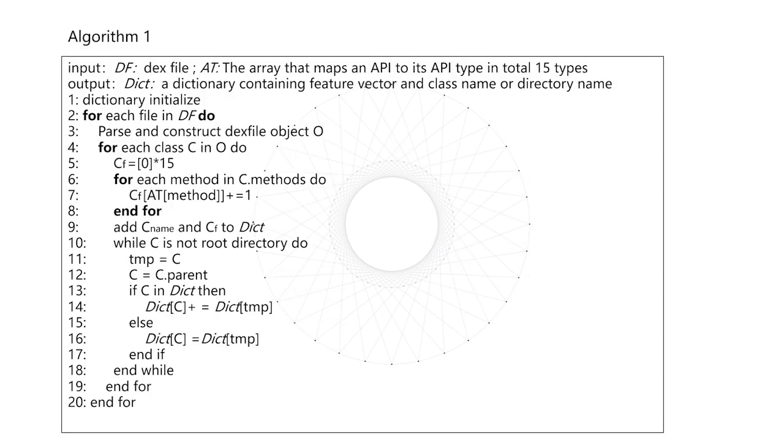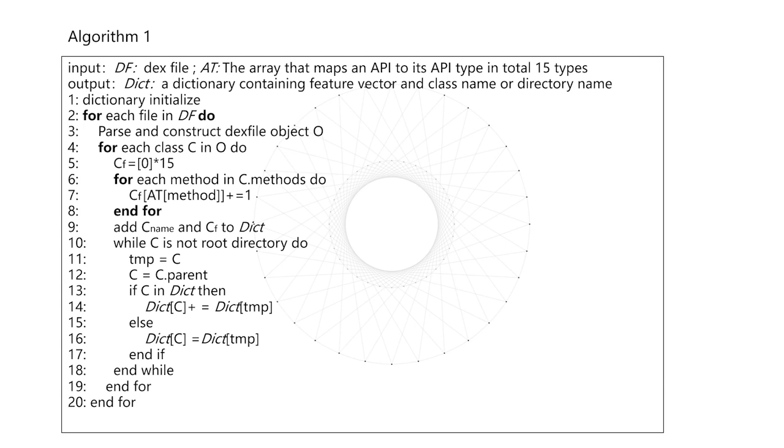This is algorithm 1. The input of it is text files and AT. AT is the array that maps an API to its API type, in total 15 types. And the output is a dictionary containing the feature vector and class name.